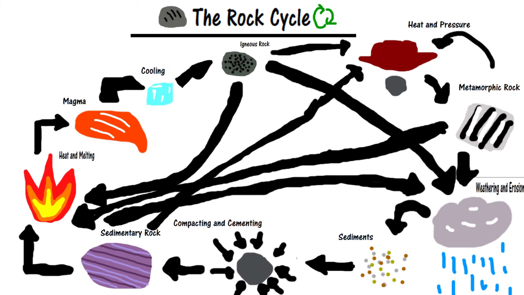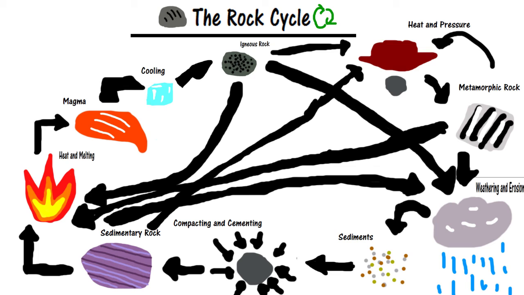So, yeah, it can become igneous rock, but that was only one of the ways the rock cycle can play out. The igneous rock might not go to heat and pressure and become a metamorphic rock. It might have gone through weathering and erosion and then become a sedimentary rock.